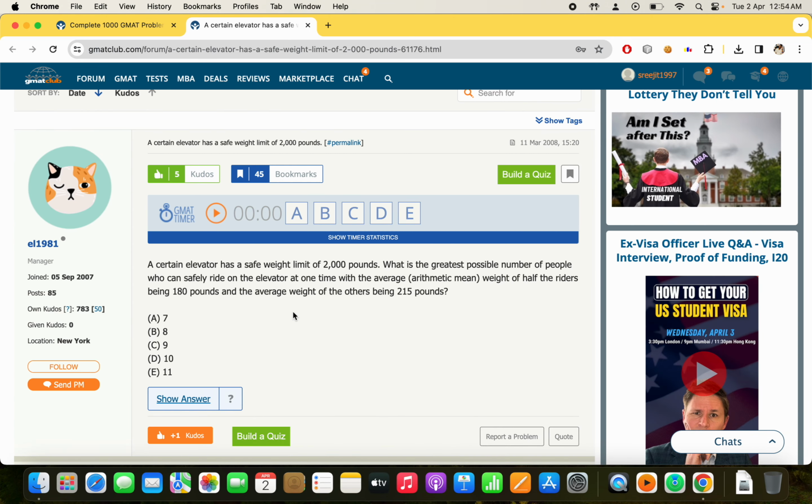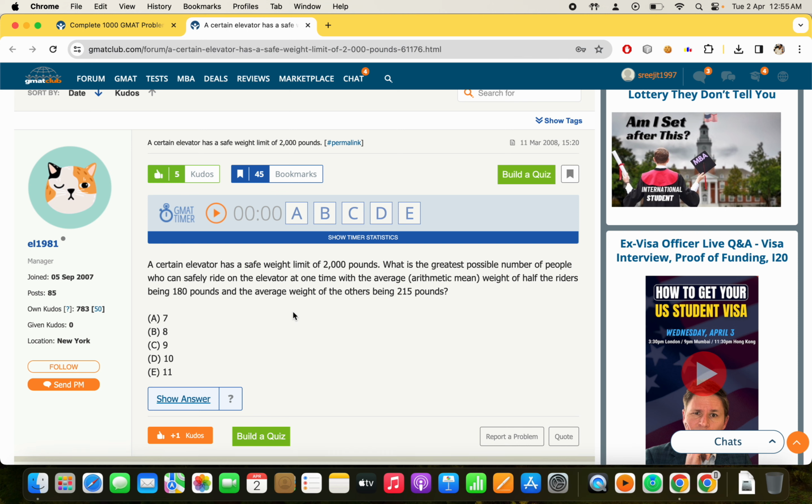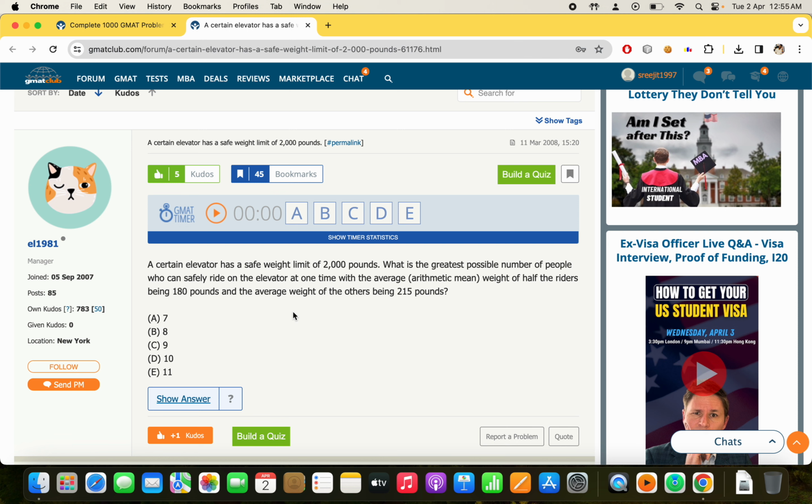A certain elevator has a safe weight of 2000 pounds. What is the greatest possible number of people who can safely ride on the elevator at one time, with an average weight of half the riders being 180 pounds and the other half 215 pounds? Okay, so they are saying, quite sensible, like 2000 pounds is a safe weight, and 180 pounds is one half of the people, and 215 is the other half.